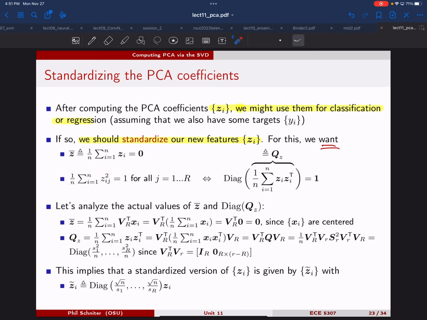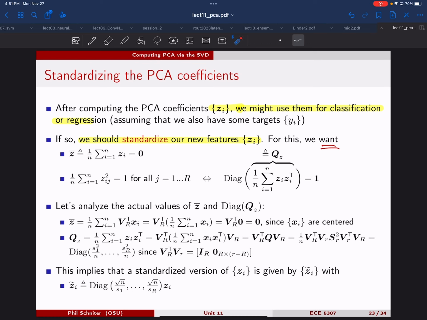Here I'm not subtracting the mean because if it has been centered, then this is sufficient to give us the variance.